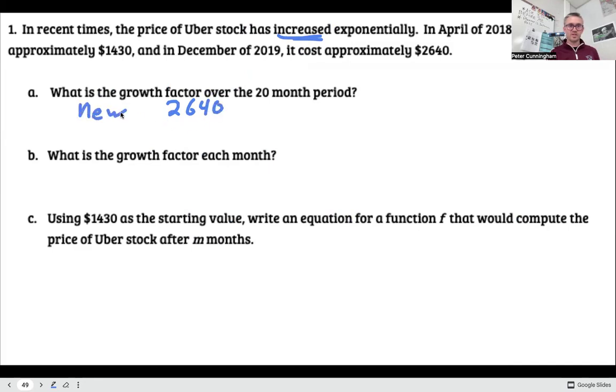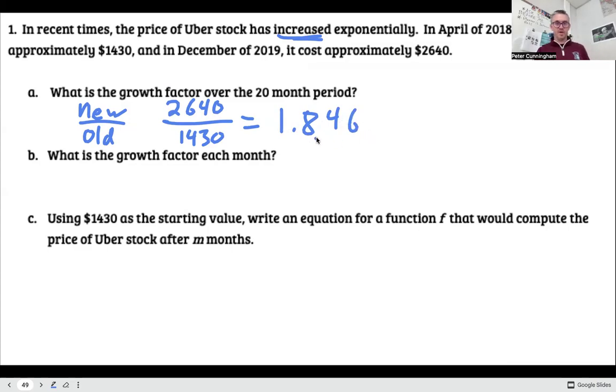So whether you're increasing or decreasing, the process is the same. The new gets divided by the old, which will give you your growth rate. In this case, it's a growth rate, right? You can tell because it's above 1. So this stock is going up by 84% over a 20-month period.